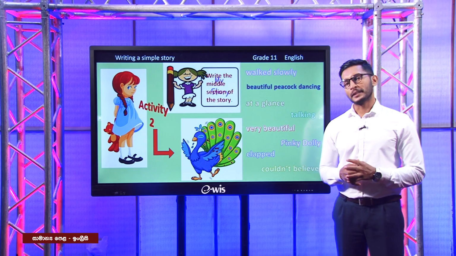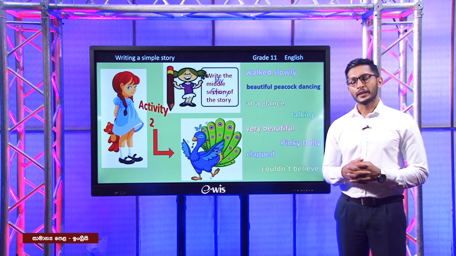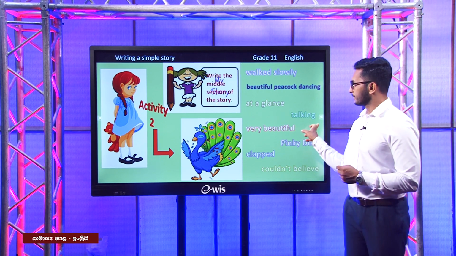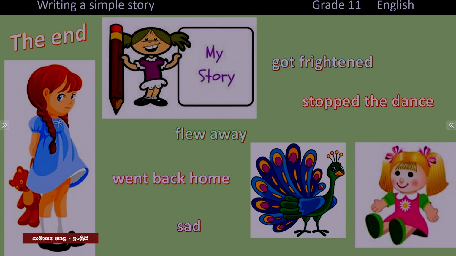Hope you have completed the middle part of the story. Let's move on to the last part, that is the end of the story. You are going to write the last paragraph with the use of these words and phrases. Let's read them. Got frightened, stopped the dance, flew away, went back home, and sad. Now, who do you think got frightened and stopped the dance?